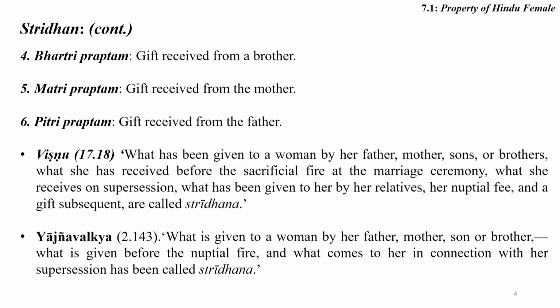The idea of Manu is also explained by Vishnu in the Vishnu Smriti: what has been given to a woman by her father, mother, sons or brothers, what she received before the sacred fire at the marriage ceremony, what she received on supersession, and what has been given to her by her relatives.